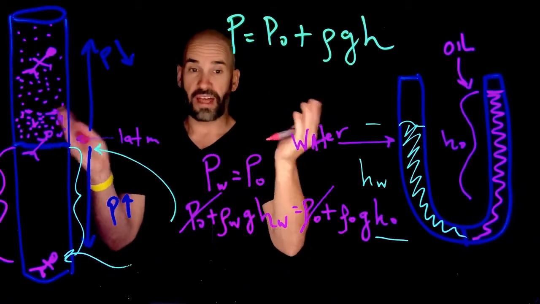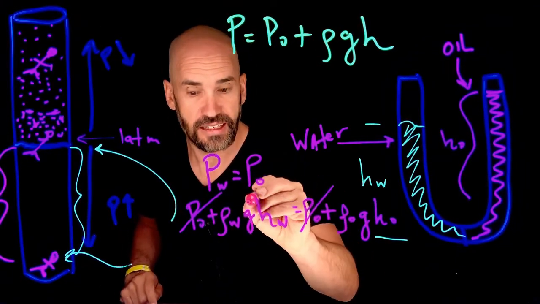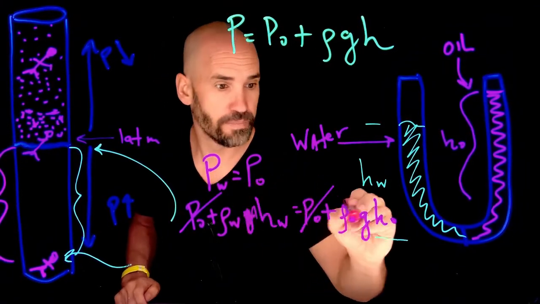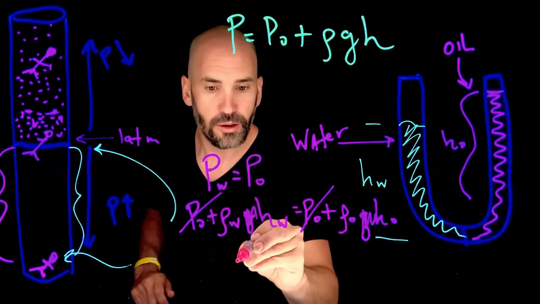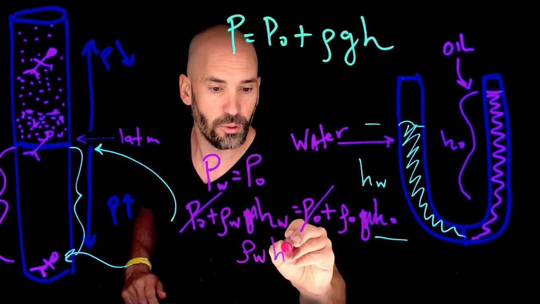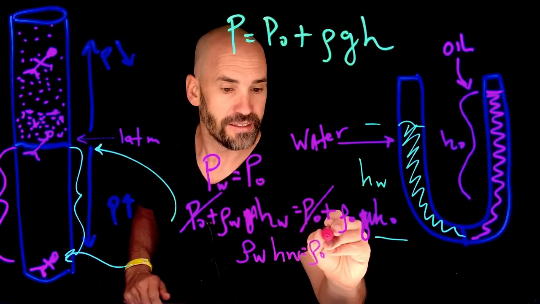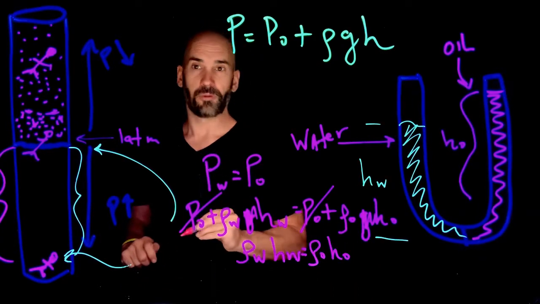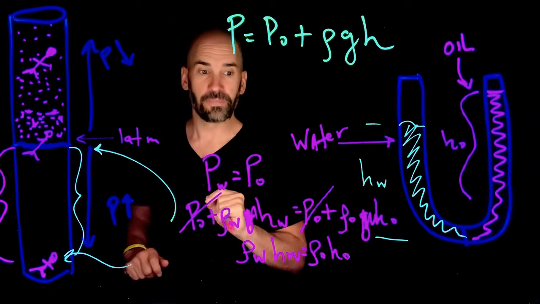So what does that mean? Well, that means that I have these two G's that can easily cancel out now. So the G's go away. See you later, G's, right? That leaves me with rho, the density of water, times the height of the water, must equal the density of the oil times the height of the oil, right? And now we have a relationship that links the height of the water with the height of the oil, okay?